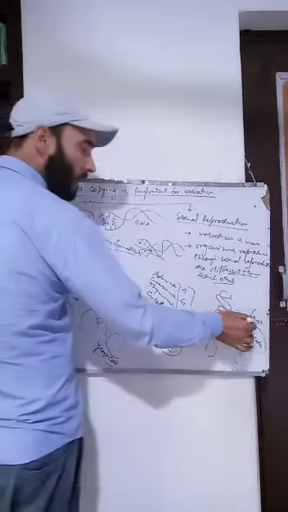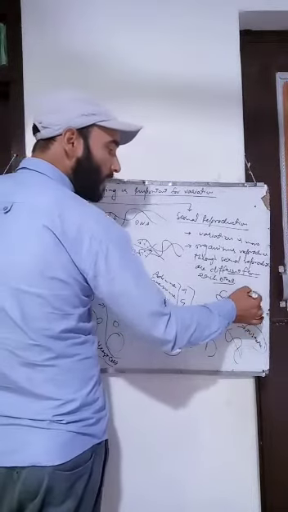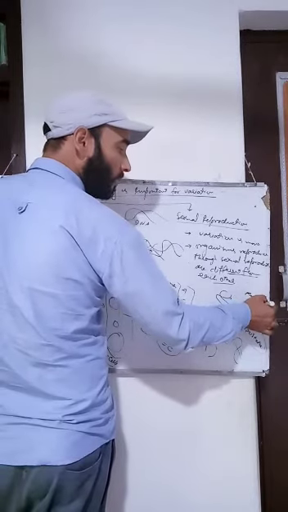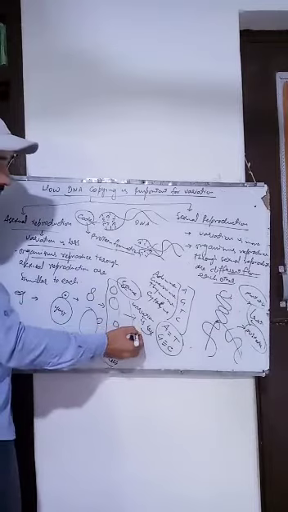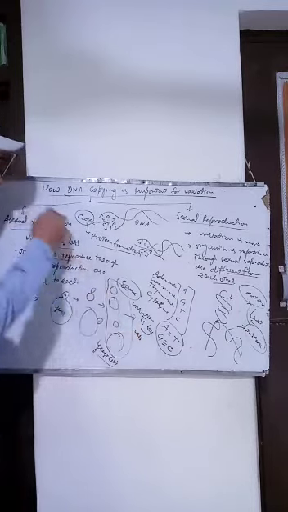This mistake in the DNA is known as mutation. And these mutations are very few in asexual reproduction.